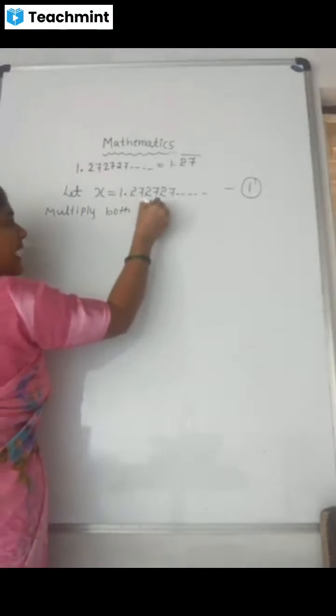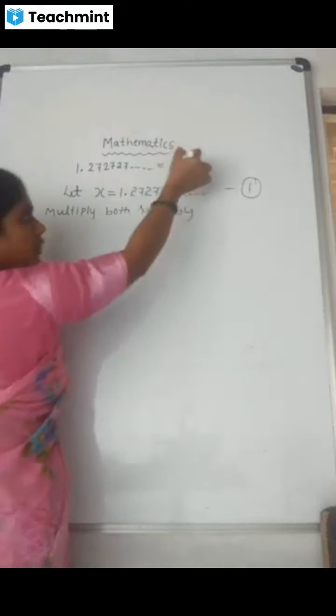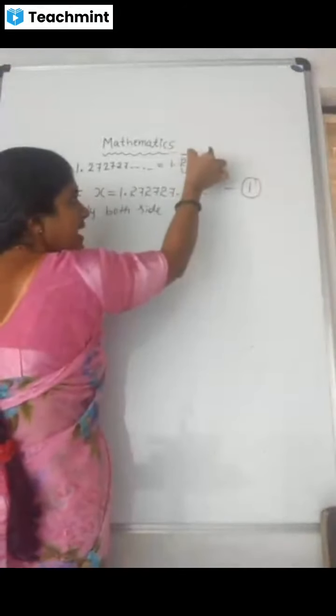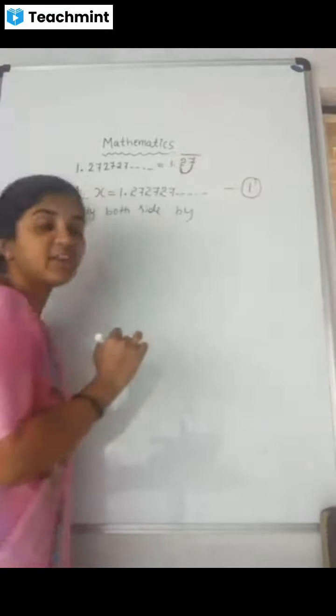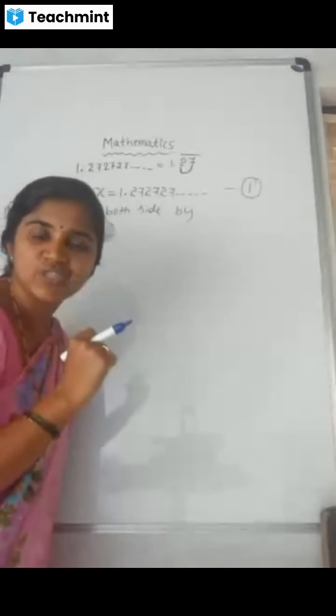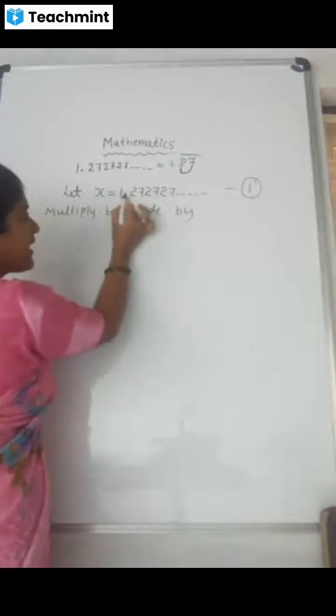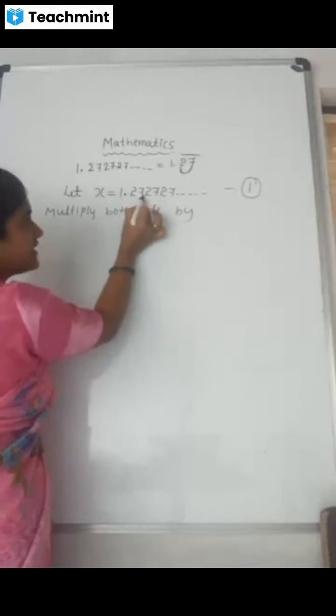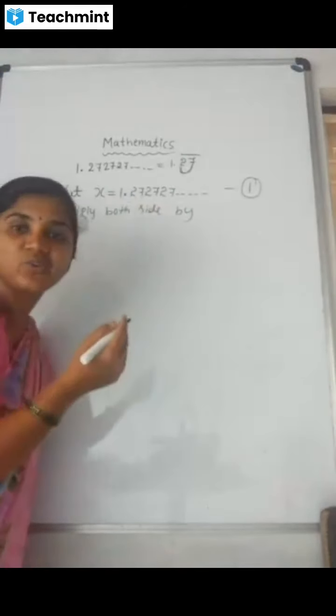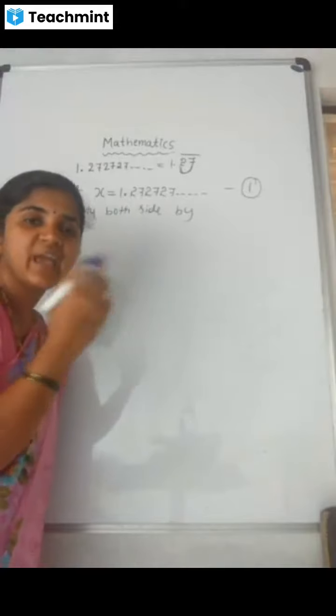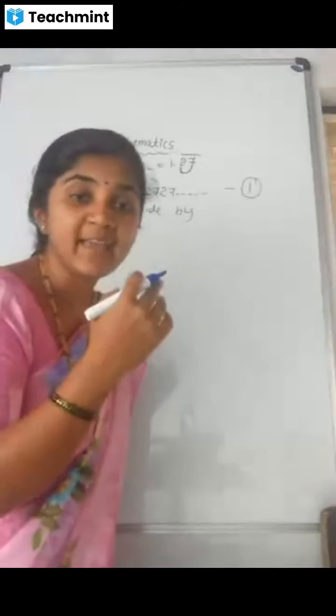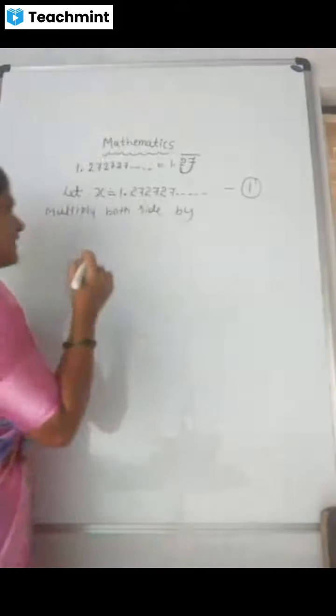Next, multiply both sides by, now just observe, in the repeating block there are 2 digits, so multiply by 100. The trick is that I need the decimal point moved on this side.